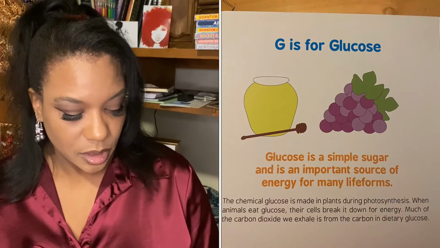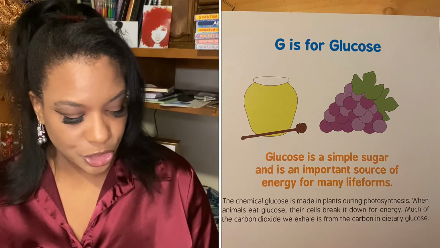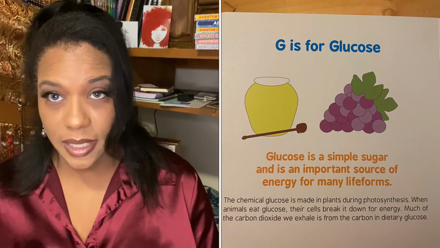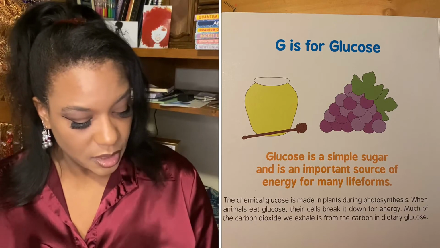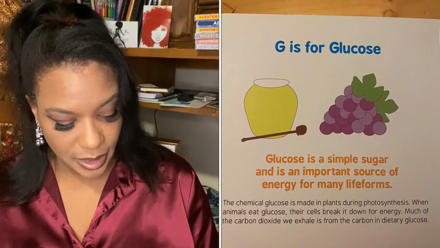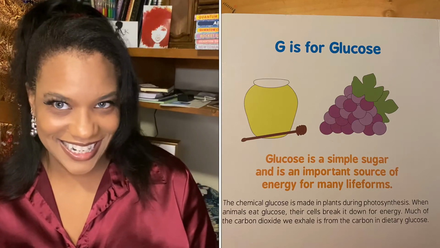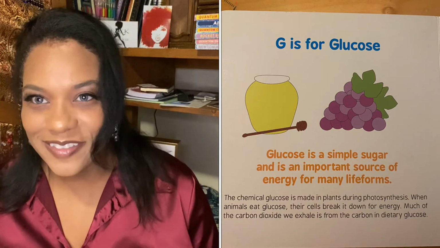G is for glucose. Glucose is a simple sugar and is an important source of energy for many life forms. The chemical glucose is made in plants during photosynthesis. That's another good word. Can you read that one with me?